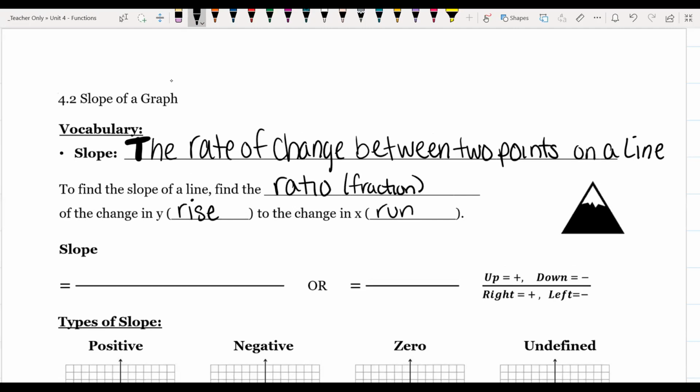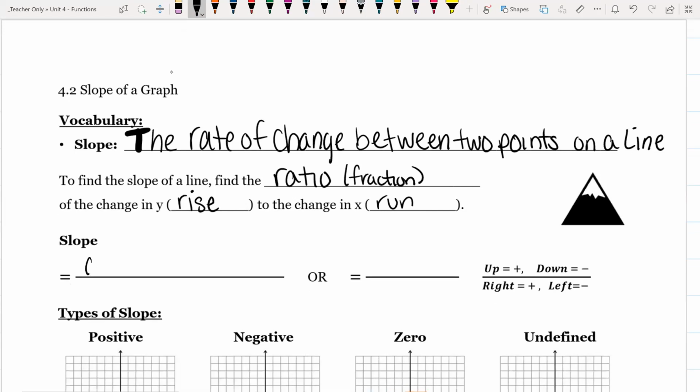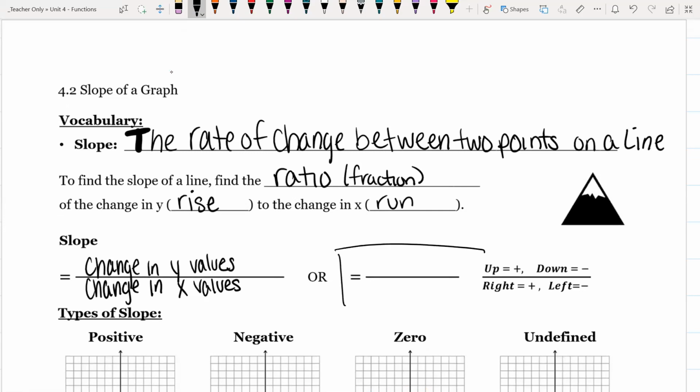So remember, you set up a fraction, and it's the change in the y values over the change in the x values. I know this is all not really going to make sense until you see it and do it. What we're really going to use is the rise over the run.